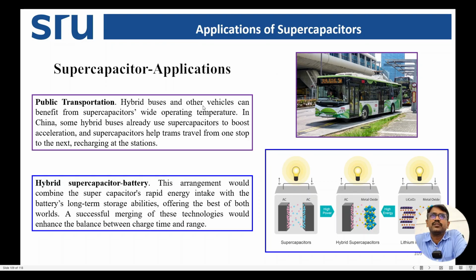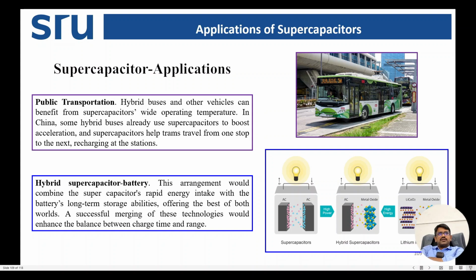These are some of the supercapacitor applications. Public transportation: we will use them in public transportation also. Hybrid buses and other vehicles can benefit from supercapacitors. Wide operating temperature in China, and I think in Europe also.